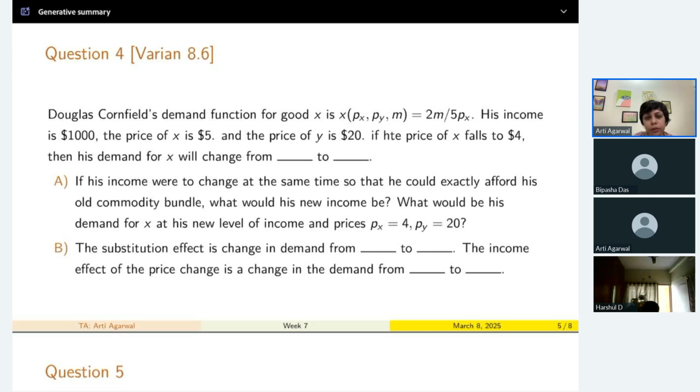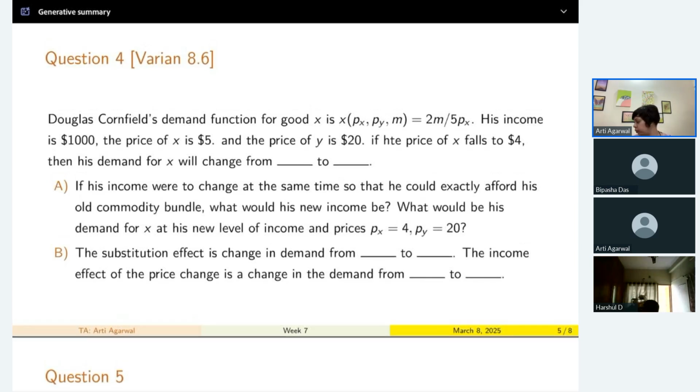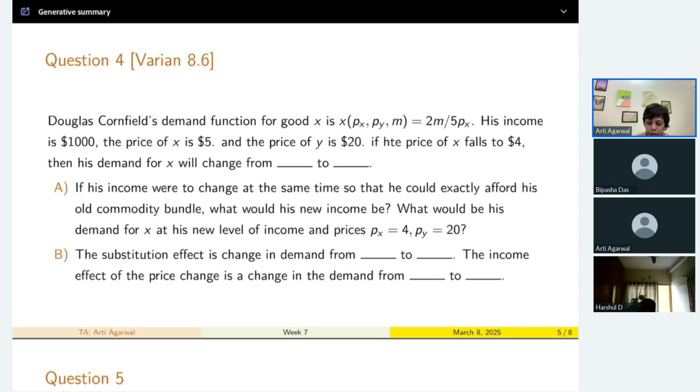His old commodity. Okay, so I think there is something more to this question which I have probably missed, because we are missing a utility function. And I think there should be a utility function, otherwise we cannot compute the old one.